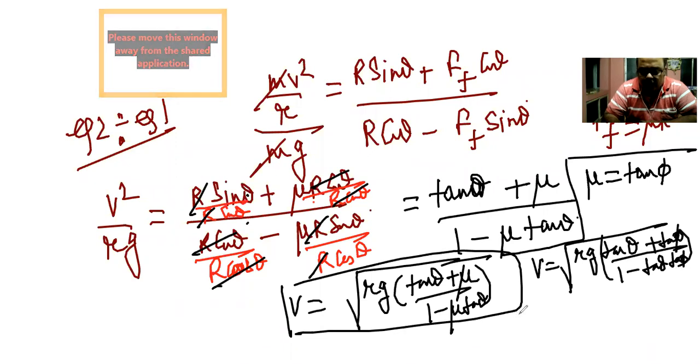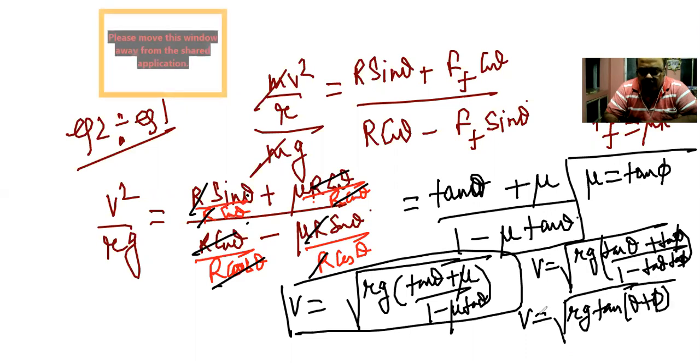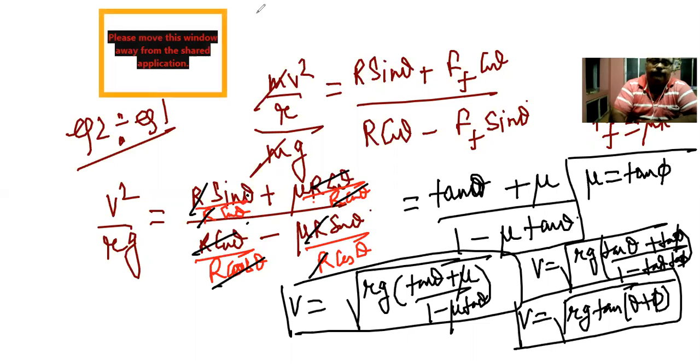So you can say V is equal to root over of Rg bracket tan of theta plus phi. So this is the formula for the maximum possible velocity with which a vehicle should take a turn to negotiate safely on a banked, curved and rough road.